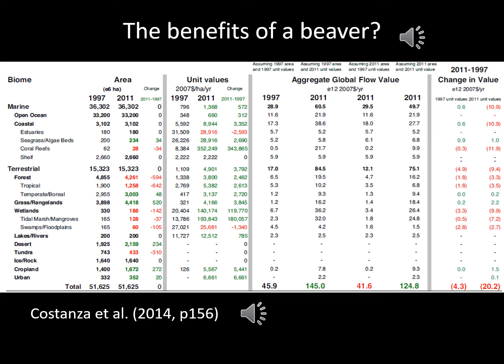Next, I argued that the benefits of a beaver could then arguably be expressed as the ecosystem services provided by the ecosystems beavers create. The earlier shown estimates by Costanza and colleagues suggest that the wetlands that beavers create are potentially more rare and valuable in ecosystem services per hectare as compared to the more plentiful forest they replace.